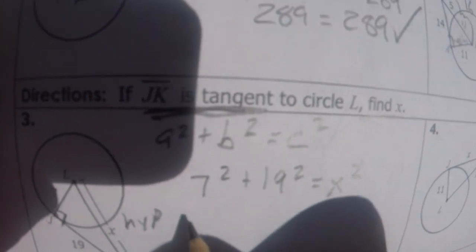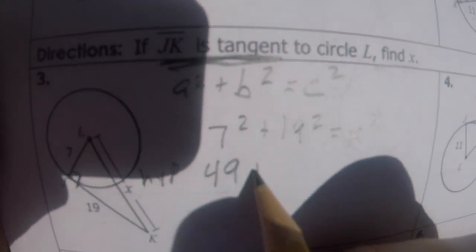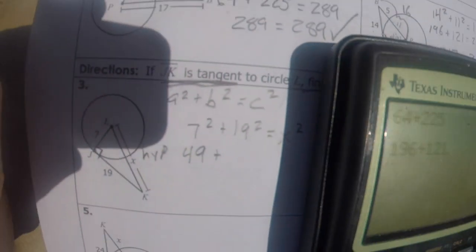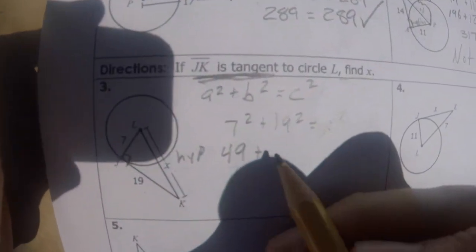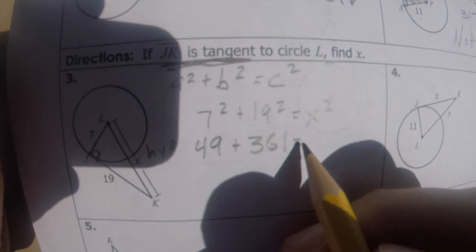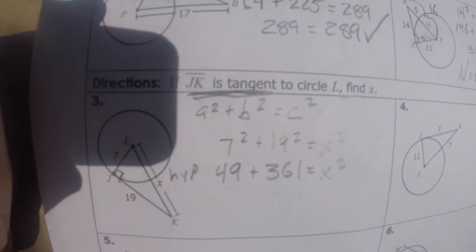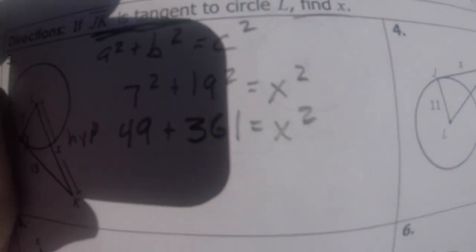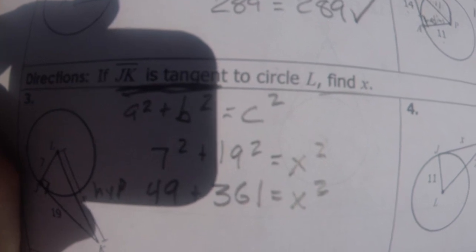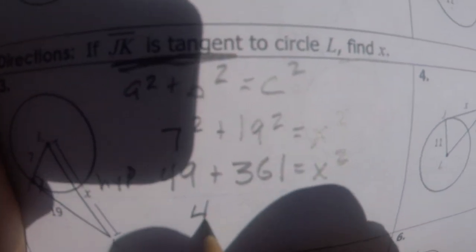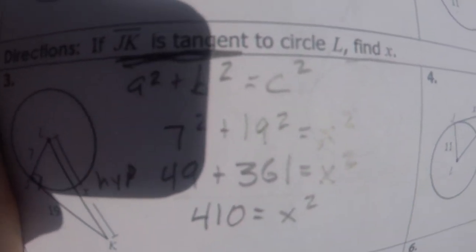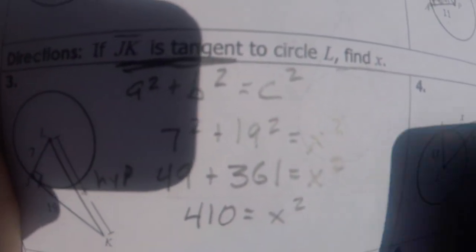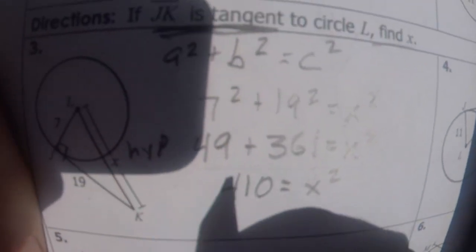7 squared is 49, plus 19 squared, I always forget that one, 19 squared is 361, equals X squared. And then 49 plus 361 is 410 equals X squared. How do I get rid of an exponent of 2? Who remembers? Yes, you are right.